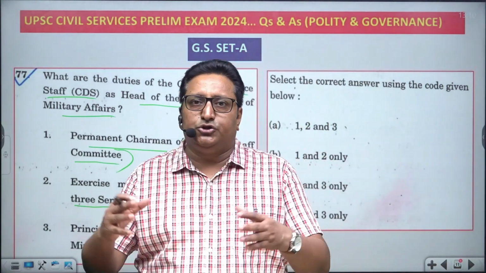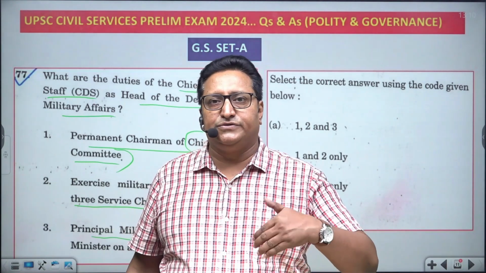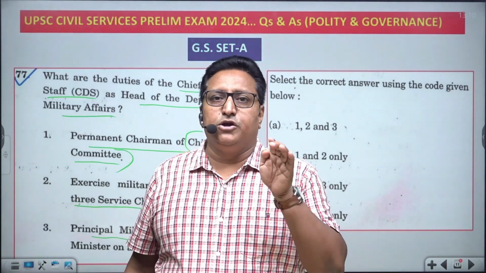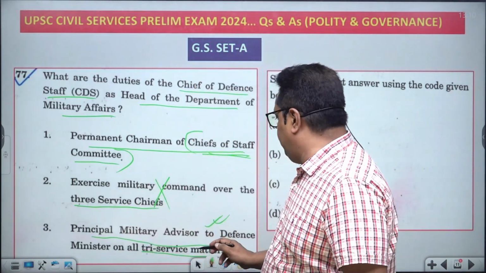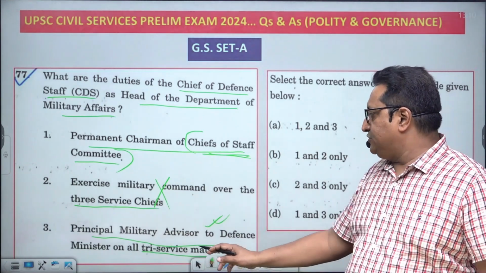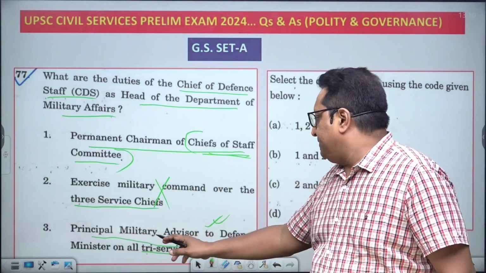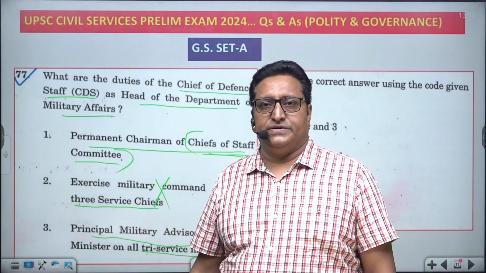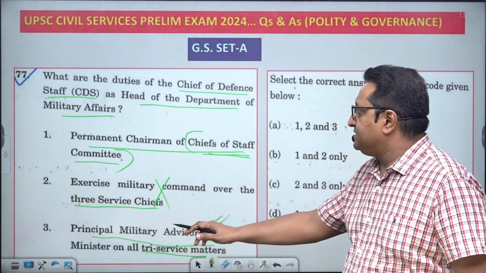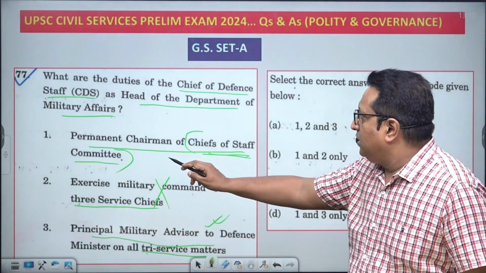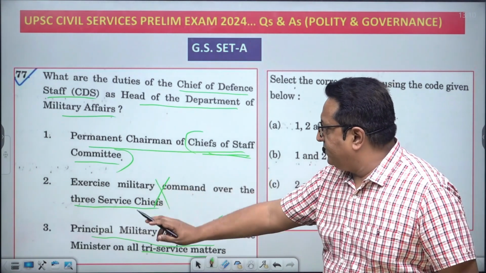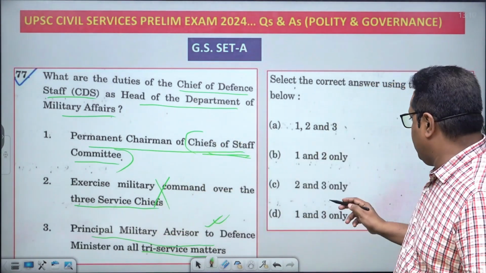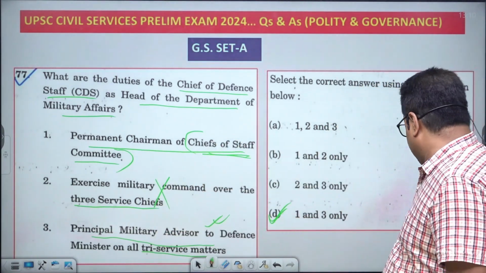Even though the other three chiefs will also be advisors, they will not be the principal. So finally it is the CDS who is the principal military advisor to the defence minister. So statement 2 is not correct, and 3 is correct. Statements 1 and 3 are correct, so this would be the correct answer, right?